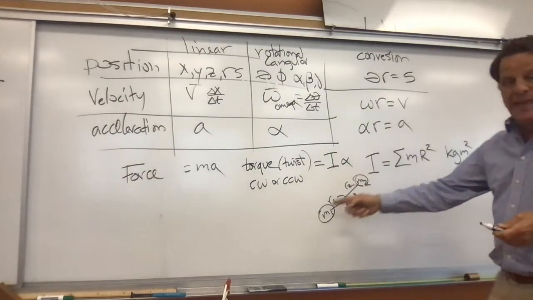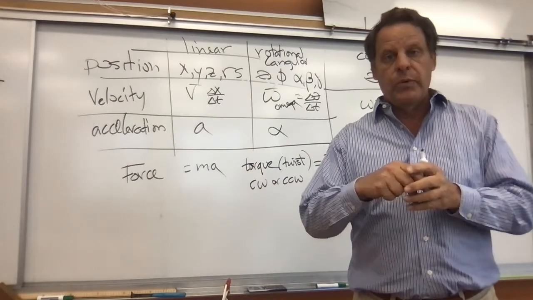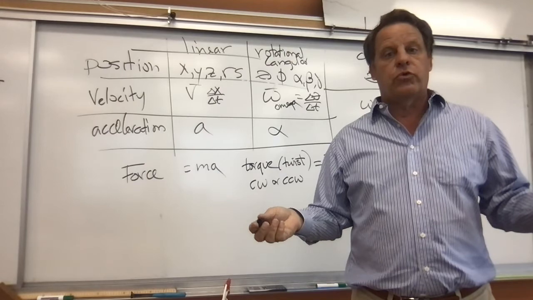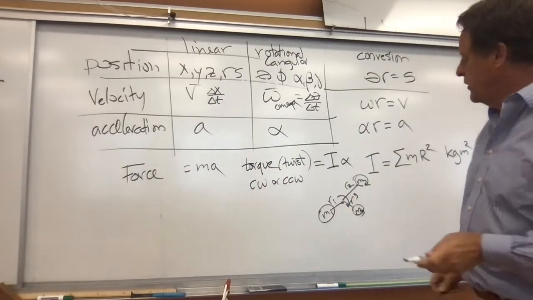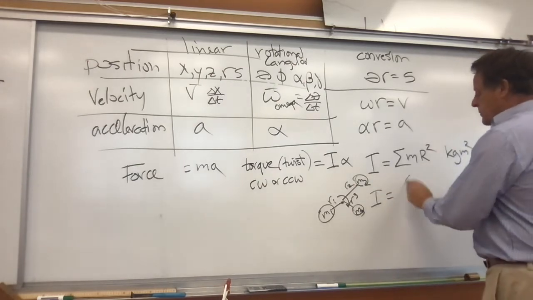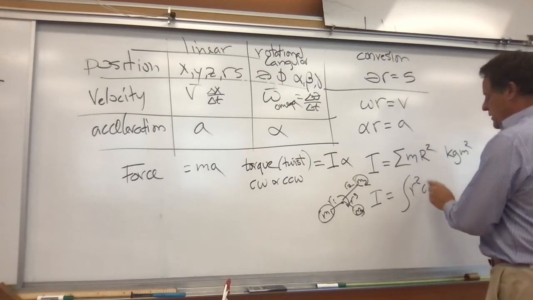Now, this is if we have some definite finite objects, right? But if we had some sort of object that was regular but not specific individual points, we would add up all these things and we would get this I to be the integral of r squared dm.